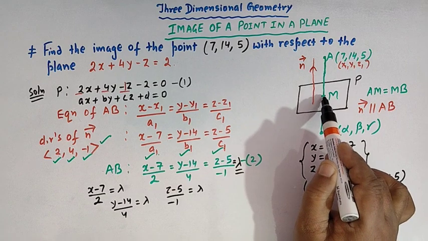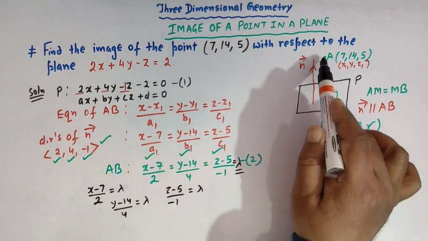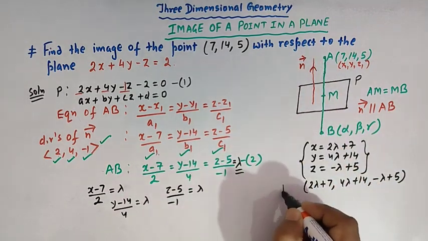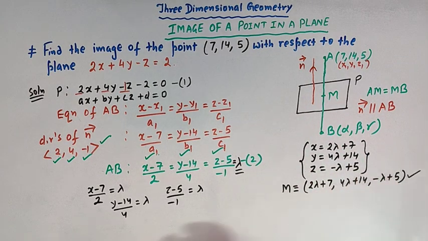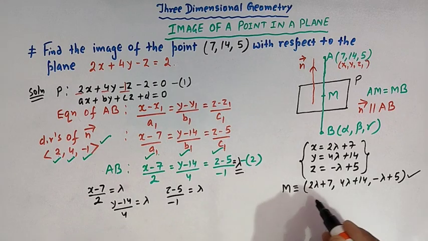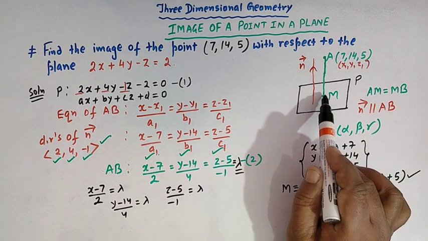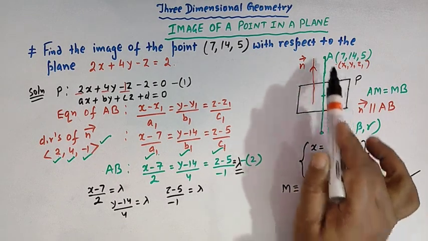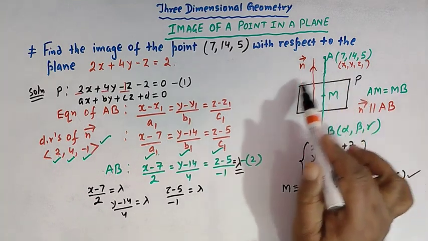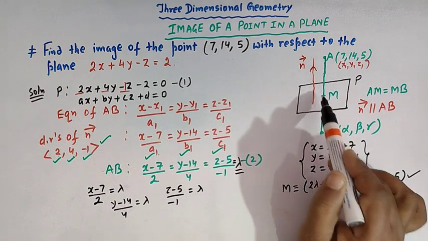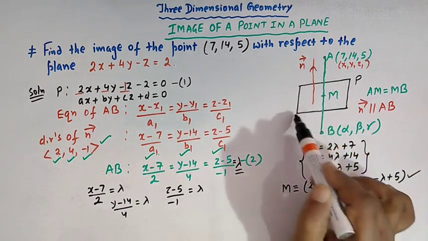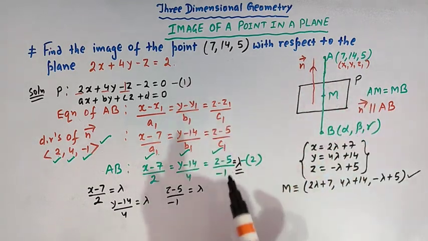And see, here this point M lies on this line AB. So we can take the coordinates of M as this coordinate, right? And moreover, this point M lies at the same time on the line as well as on the plane, right? Because M is the midpoint of AB, and M lies on AB as well as on the plane P, right?